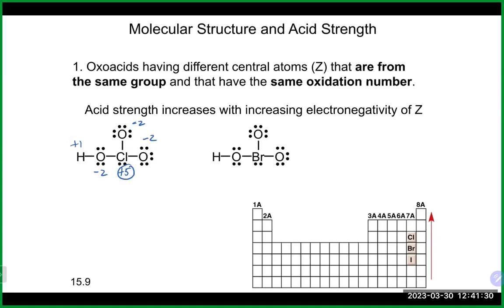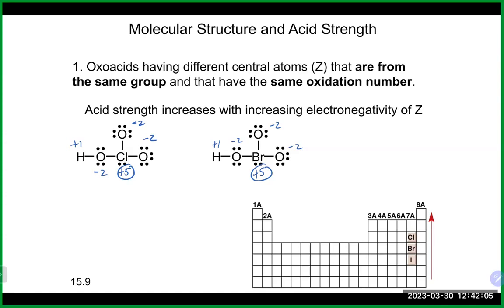We do it for the one on the right. The oxidation states are -2, -2, -2, and +1. Once again, the bromine would carry a +5 oxidation state in this case. Normally, in an ionic situation, we think of Cl and Br as having a -1 charge, and that is true when it is an ionic compound and it gained all those electrons. In this case, it is sharing electrons with the oxygens.